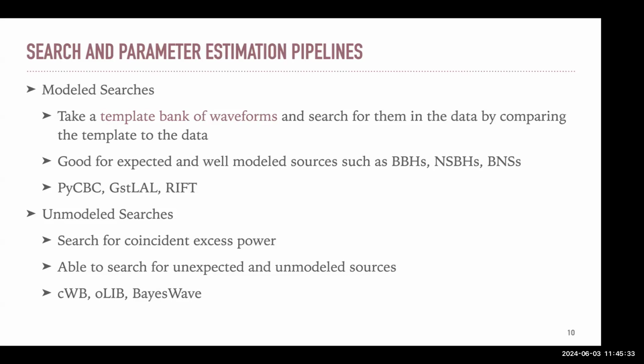It's one of those things where using waveform models is easier for parameter estimation for a couple reasons. One of which being, if you have an analytic or semi-analytic model, then you can say specifically the parameters you want, and within milliseconds to minutes, depending on the model, have waveforms out.